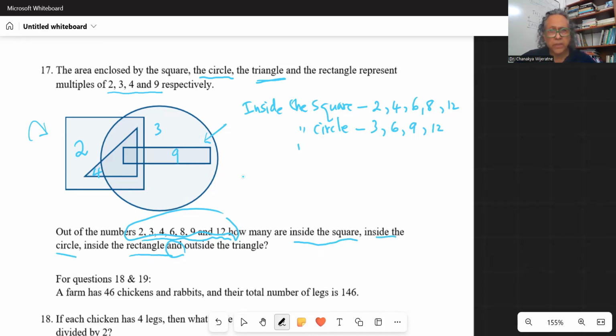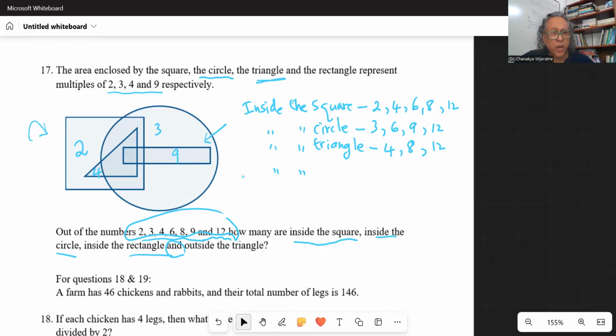And inside the triangle, it represents multiples of 4. So multiples of 4, right? So 4, 8, and 12.